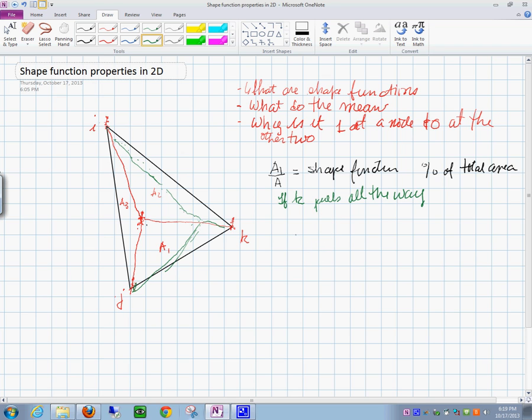So in this case, A1 is equal to A. So the ratio of A1 divided by A has to be equal to 1. This is what I'm trying to say. So if it is equal to 1, the other two, you know that the ratio A1 over A plus A2 over A plus A3 over A. What is this?